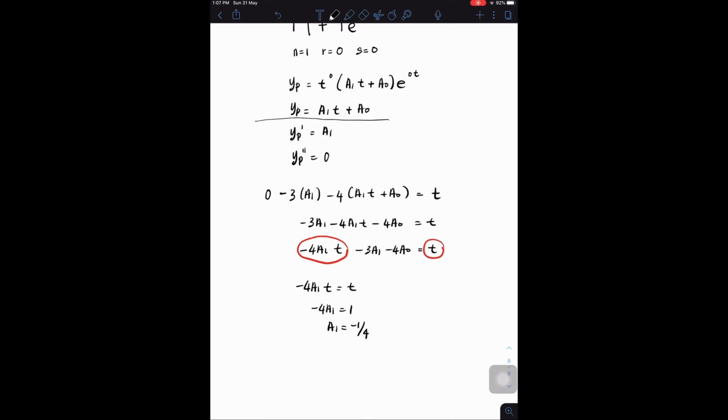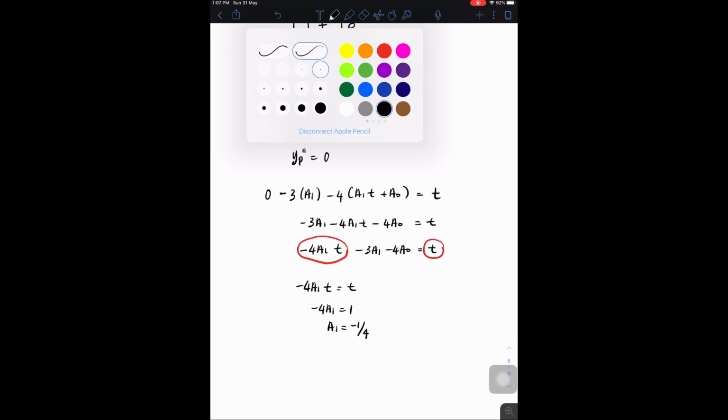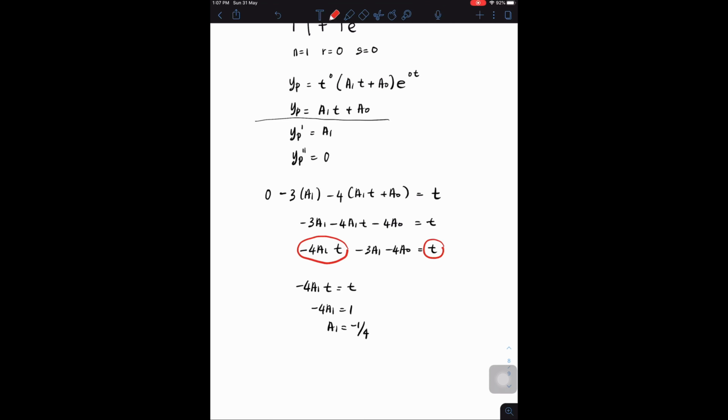This is the value of a1. Now we want to find the value of a0, so we take the second term to compare. The second term, negative 3 a1 minus 4 a0 without variable, is equal to plus 0 without variable here. So we have negative 3 a1 minus 4 a0 equal to 0.